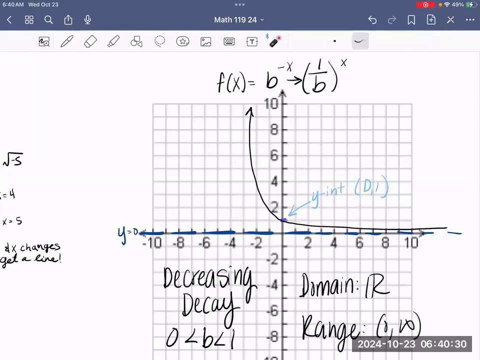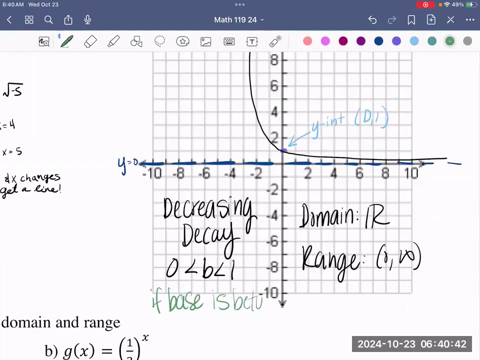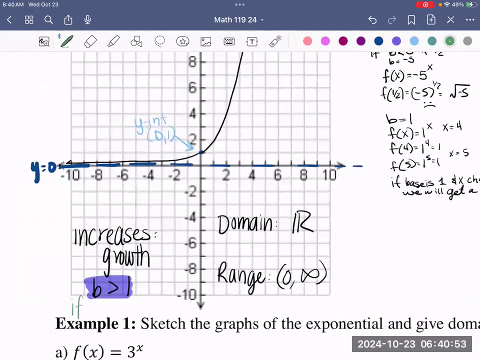So if your base is a fraction between 0 and 1, we will have this decay. Whereas over here, if the base is greater than 1, it is a growth.